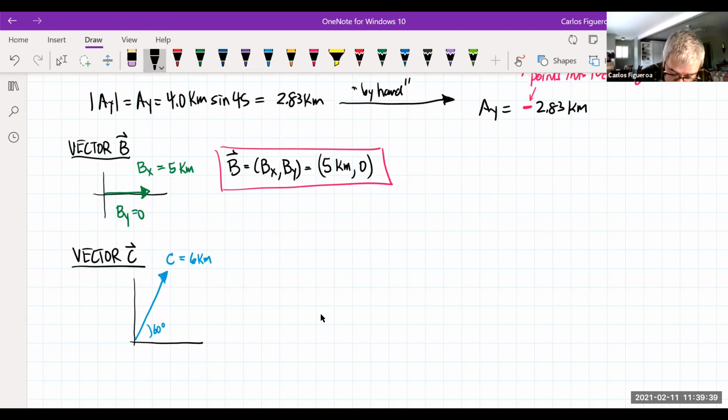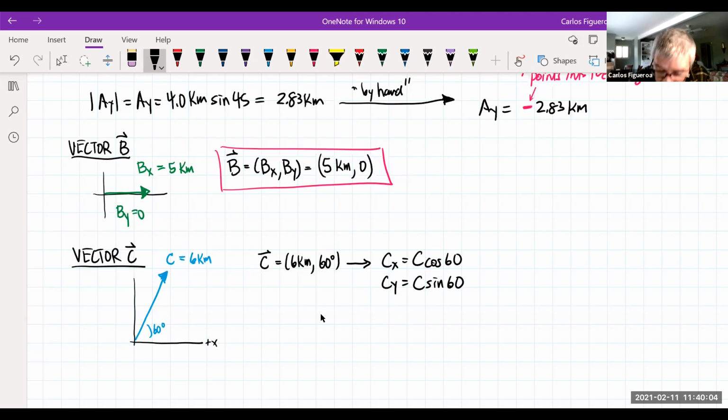And of course, we could see that this is measured relative to the x-axis. So we start with C. It has a length of that, and it has an angle of this. Now we want to convert it into Cx, which will be C cosine of 60, and Cy, which would be C sine of 60.